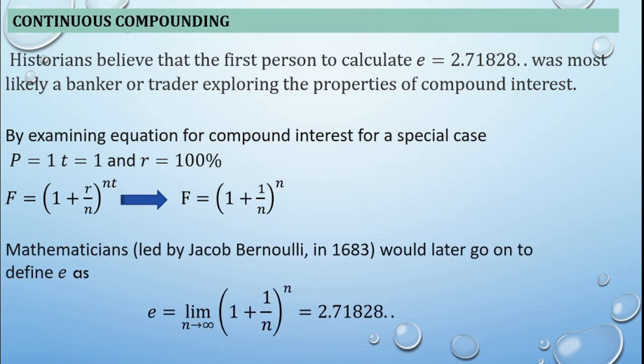Mathematicians led by Jacob Bernoulli in 1683 would later go on to define e as the limit of 1 plus 1 over n raised to n as n approaches infinity, which is equivalent to 2.71828.